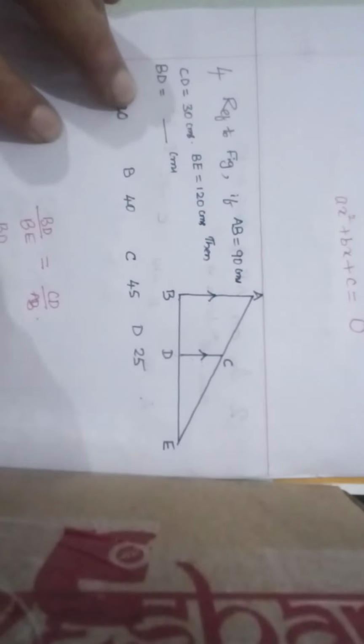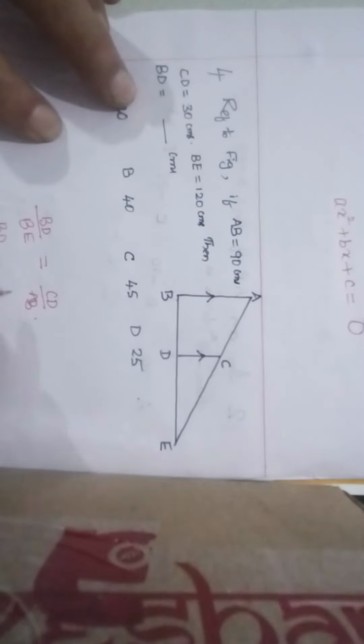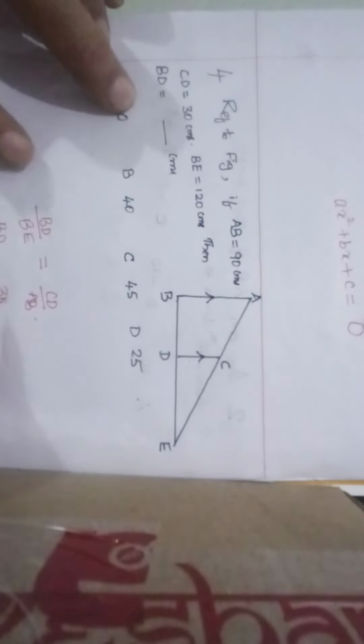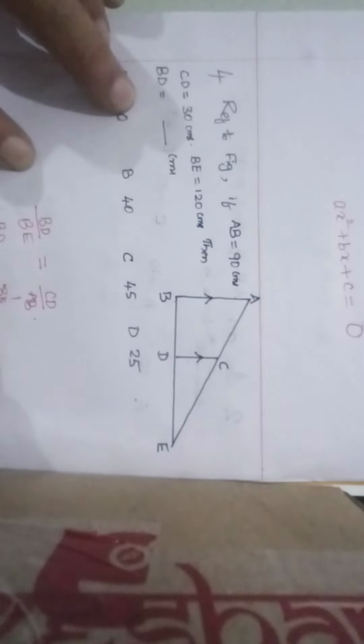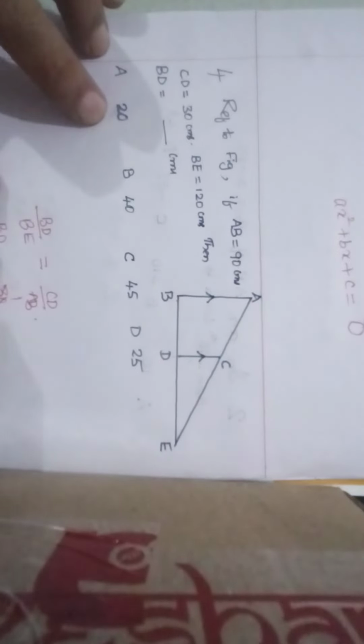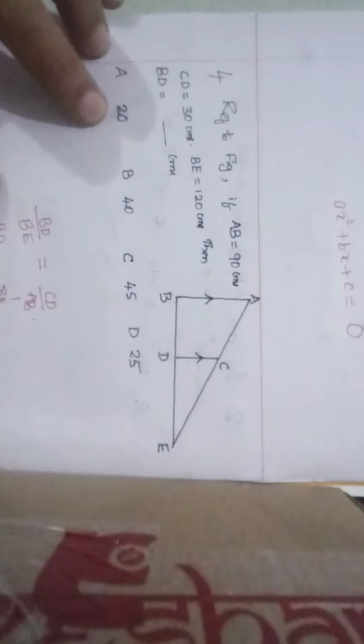BD divided by BE means 120, is equal to CD means 30 centimeter, and AB is 90 centimeter. 0 cancels. Now 3 ones are 3, 3 threes are 9. Now 3 BD is equal to 120. That is BD is equal to 120 divided by 3, which gives you 40 centimeters.